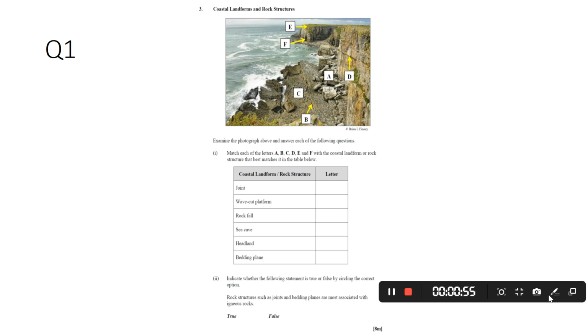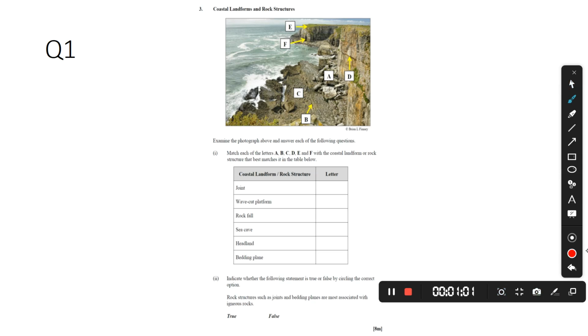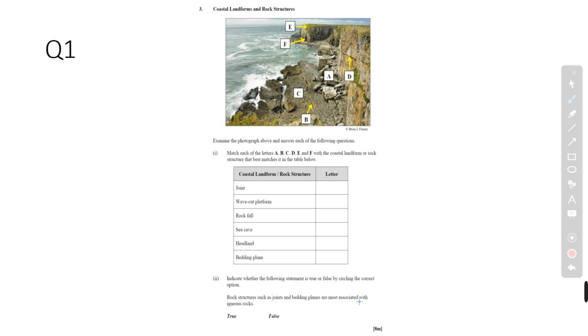So question one, and I got myself a pointer to help make drawing easier, so hopefully this will work. Match each of the letters A, B, C, D, E and F with a coastal landform or rock structure in the table below.